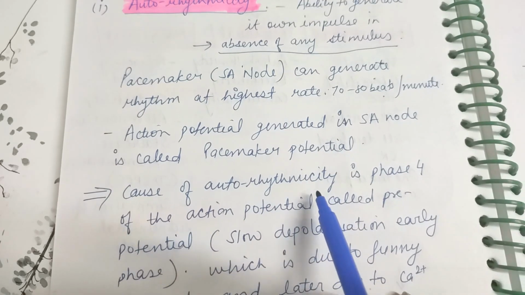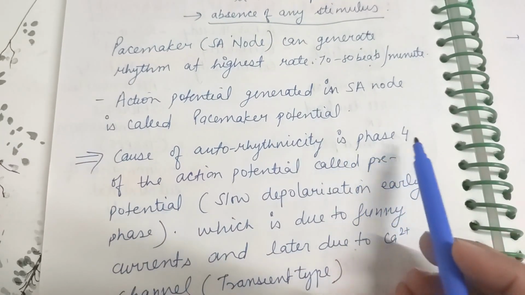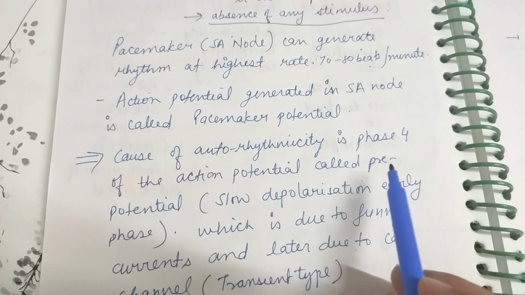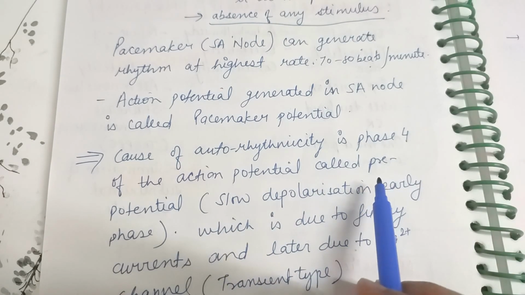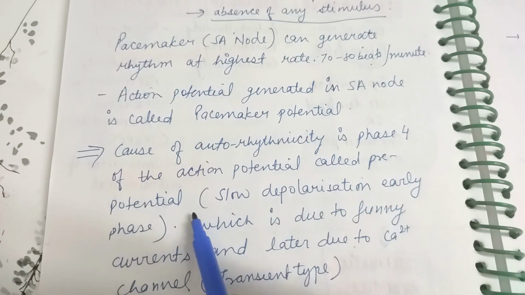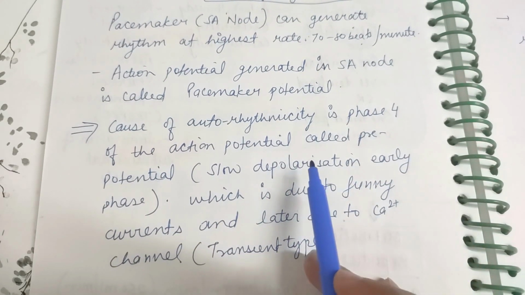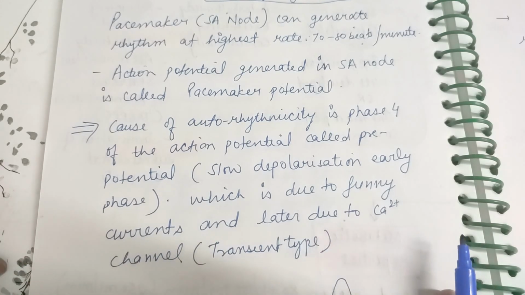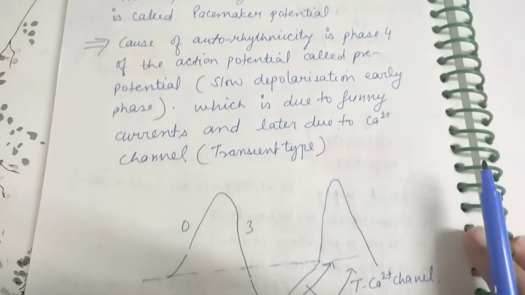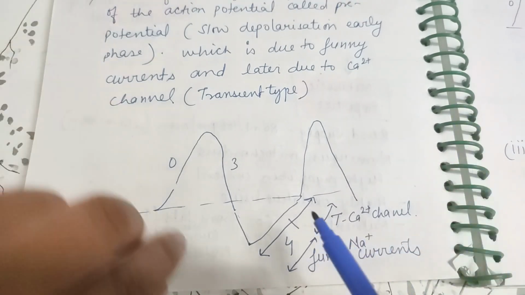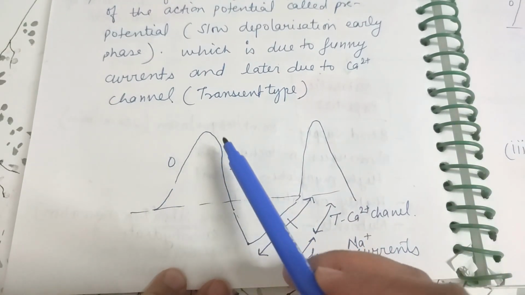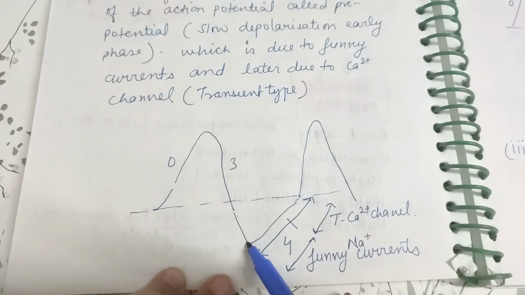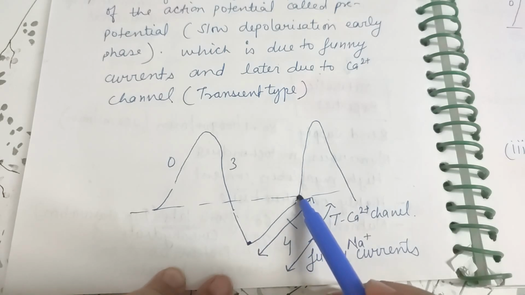Now the cause of autorhythmicity is nothing but phase 4 of this pacemaker potential, and we call that phase 4 the pre-potential or slow depolarization, which is due to funny currents and the calcium channels. If you remember, you can attend my last video for this. In this pacemaker potential, this part from here to here is the pre-potential.